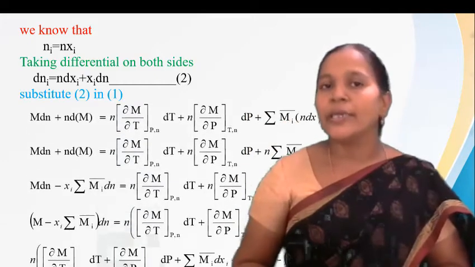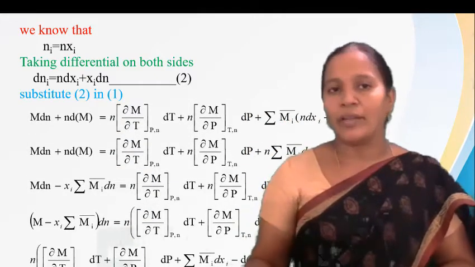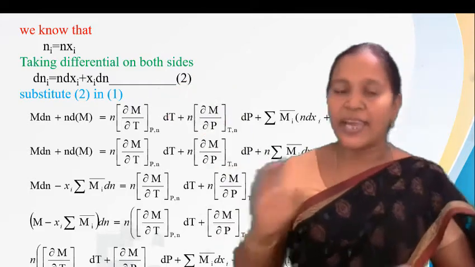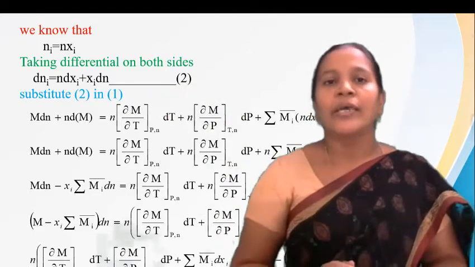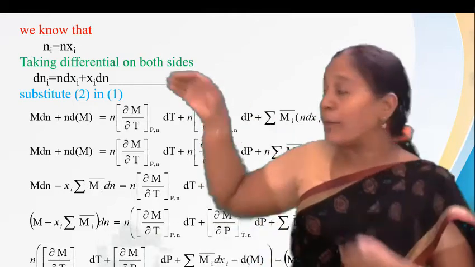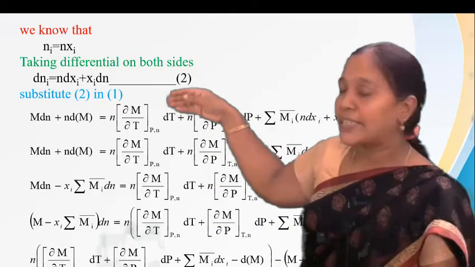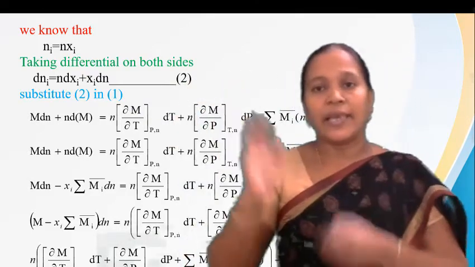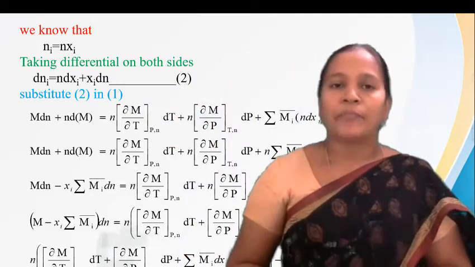Now substitute equation 2 in 1. Then we get m dn plus n dm is equal to n dou m by dou t into dt plus n dou m by dou p into dp plus sigma mi bar into n dxi plus xi dn.